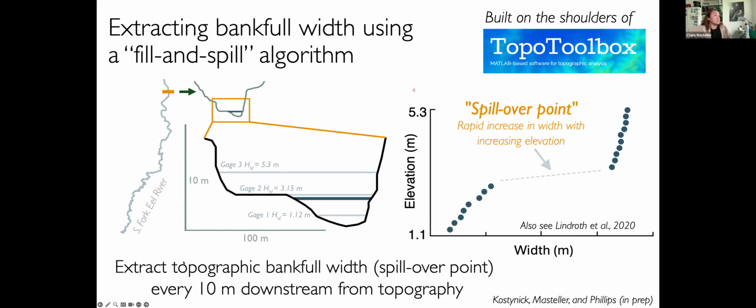At each of those cross sections, we find the thalweg of the river, and then we measure the bank to bank distance at different elevations above that thalweg. Then we find the elevation at which the bank to bank width increases very rapidly. We call this the spillover point. You can think about that literally as a river overtopping its banks, but we're just doing this on high resolution topography. And we've done this for all 5 of our river systems at a 10-meter resolution.